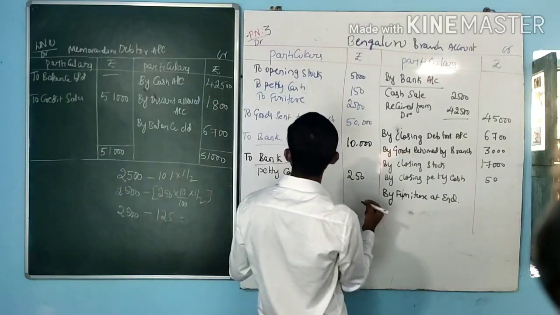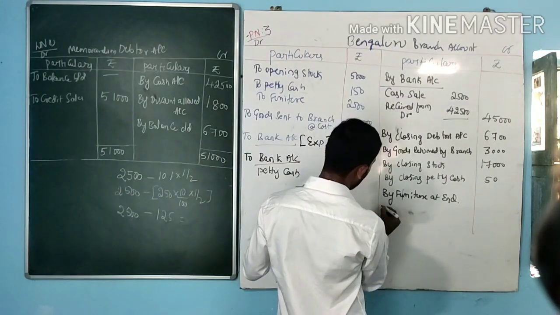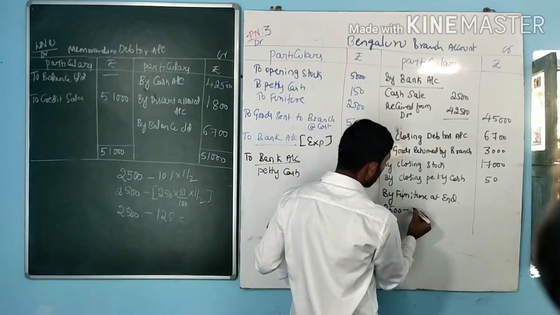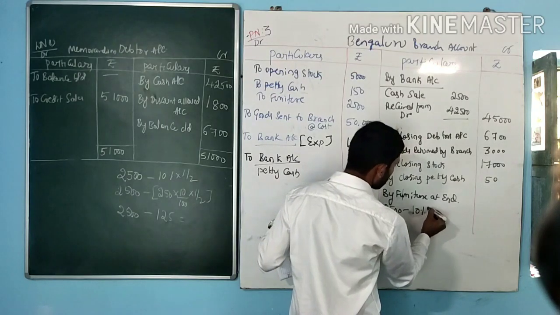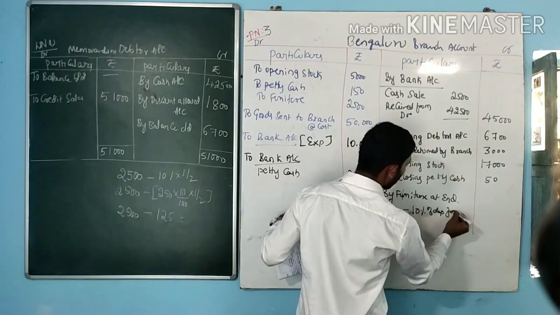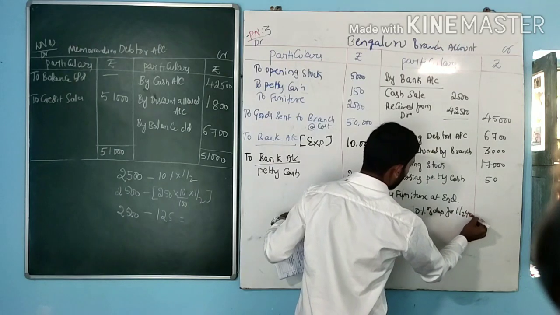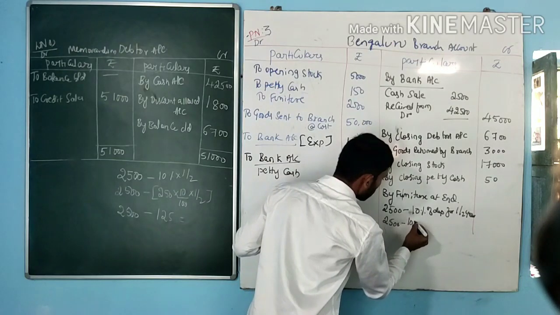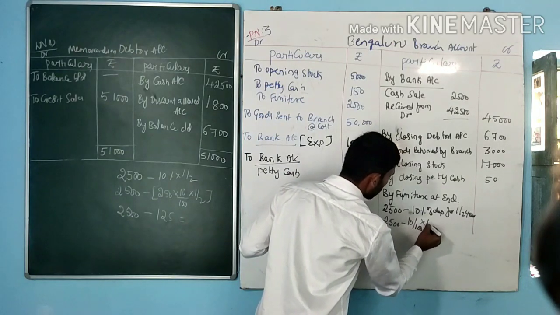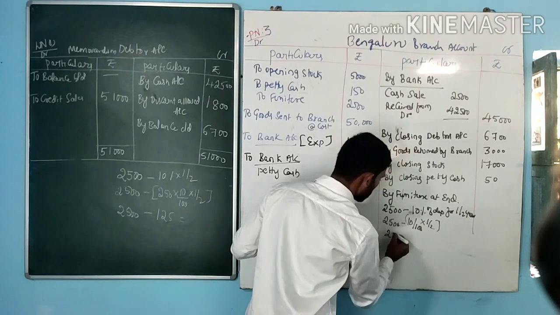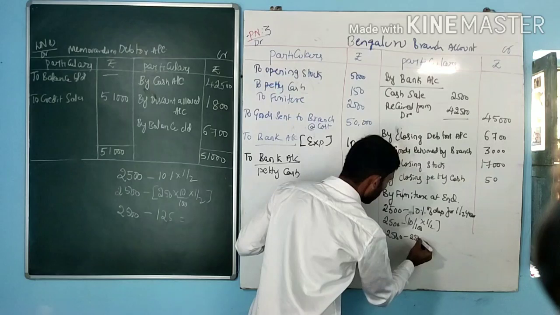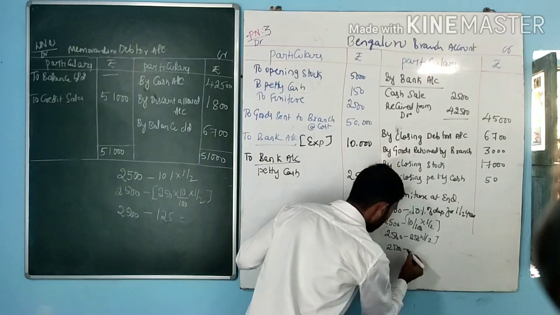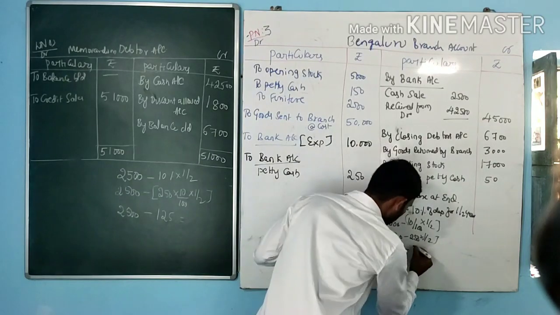That is the opening balance amount, 2,500, minus depreciation at 10% for half year. 2,500 minus 10 divided by 100 into 1 by 2, that is 2,500 minus 250 into 1 by 2, that is 2,500 minus 125.